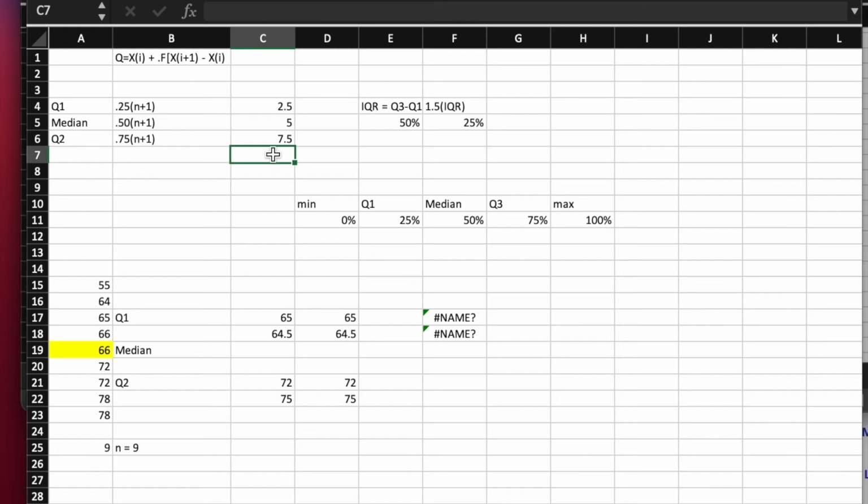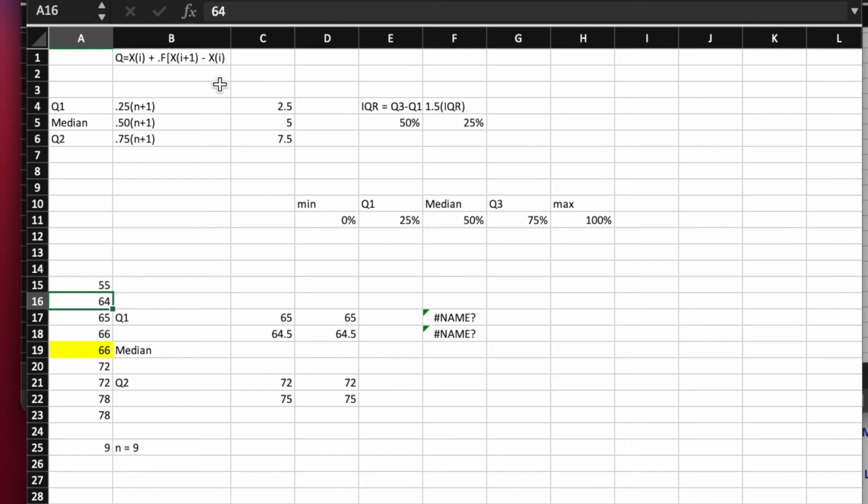Okay. Now this is the tricky part. So the value 2.5 means that you're looking for the second value. If you're looking at only the integer portion, you're looking for the second value. So here, quartile 1, 2.5, integer 2. We are going to look at the second value, 64, right?